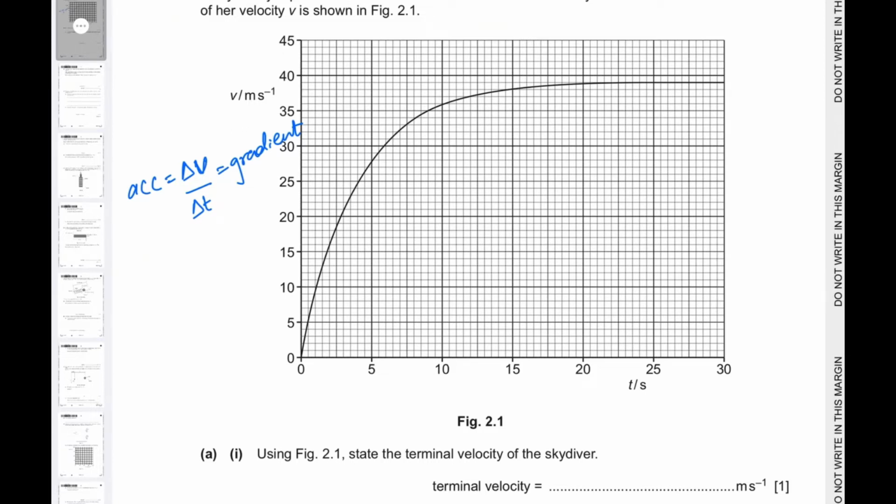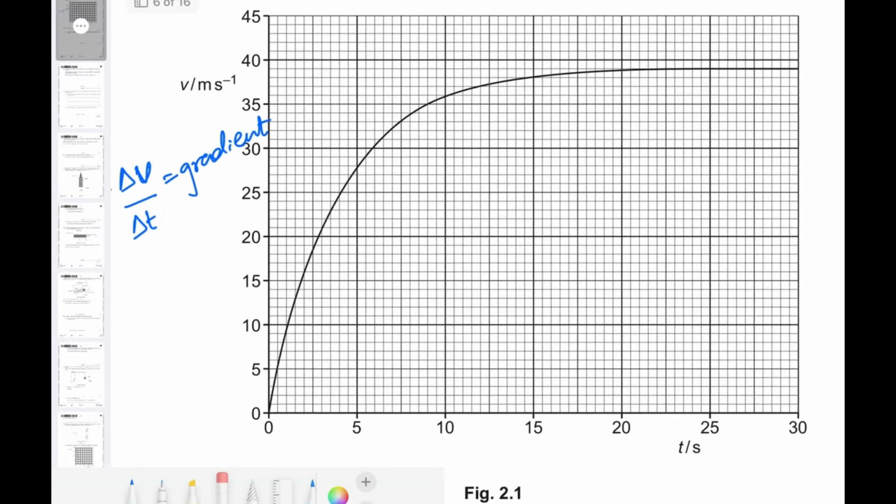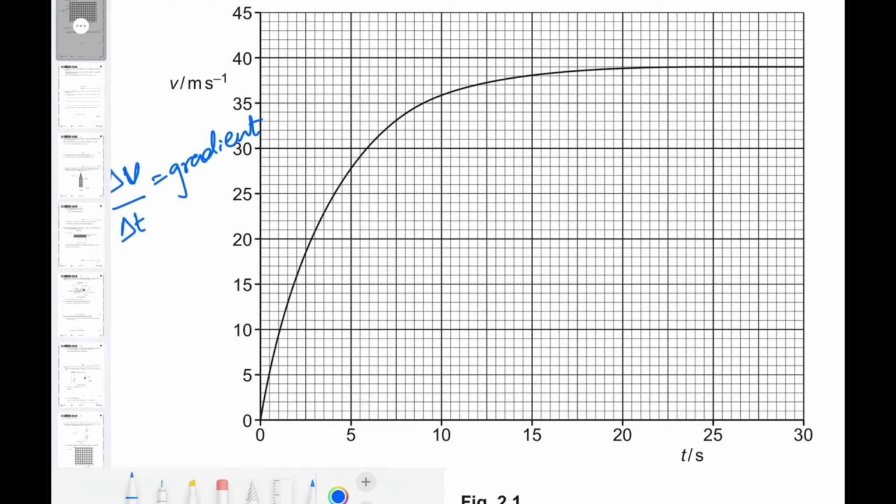So this will lead you to Newton's first law, where an object will fall with constant velocity or remain at rest unless acted upon by a resultant force. And the constant velocity is shown in this graph by this section of the graph, and this is equal to 39 meters per second.